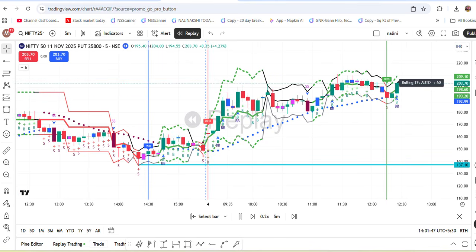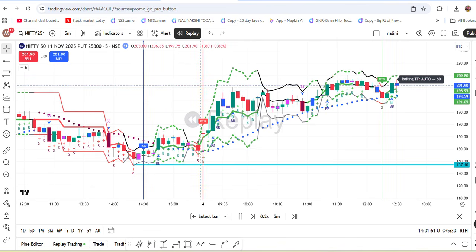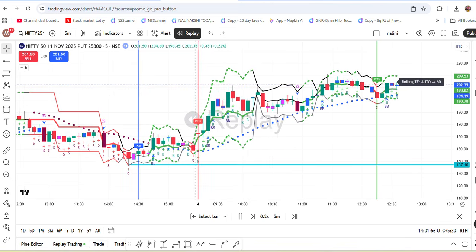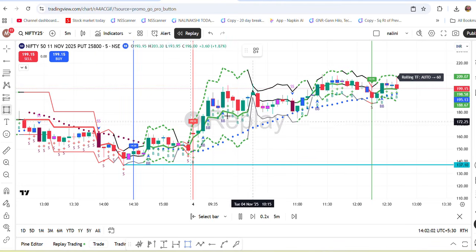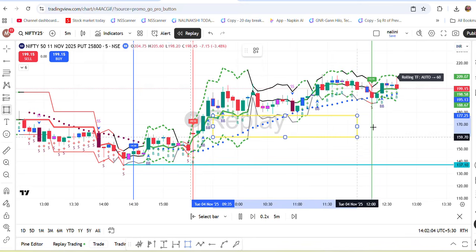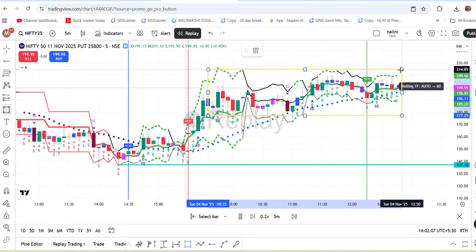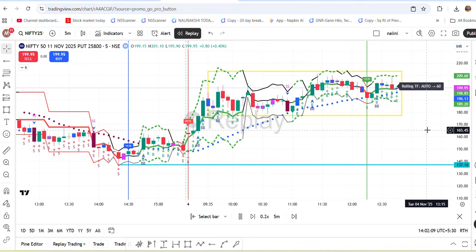So price had reached 200. The price is moving higher, that means the index is going down. So it was a huge consolidation in this range, from 935 it is running in a range.